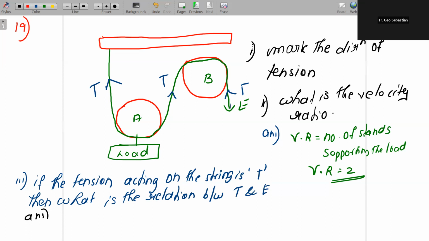What is the answer now? Effort will be equal to tension.